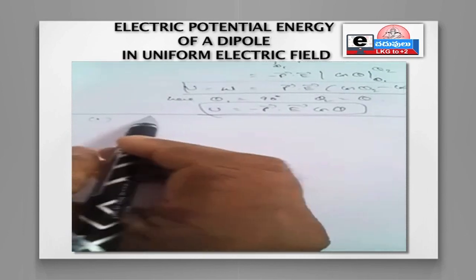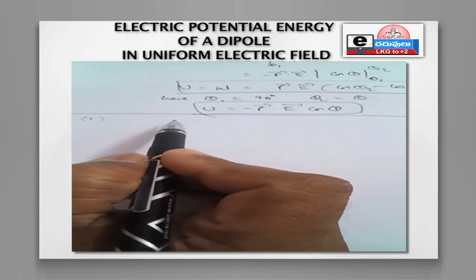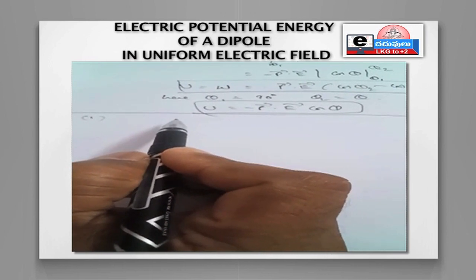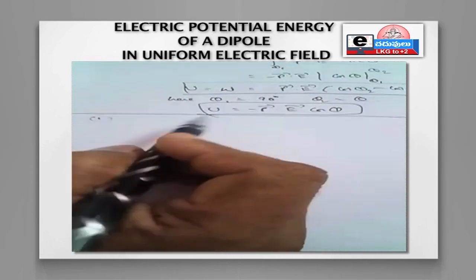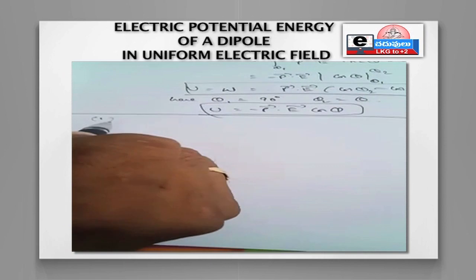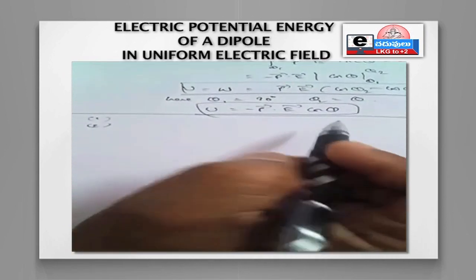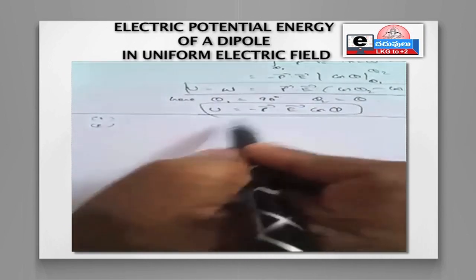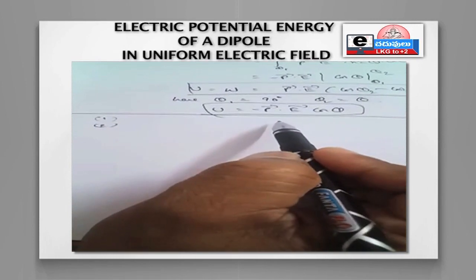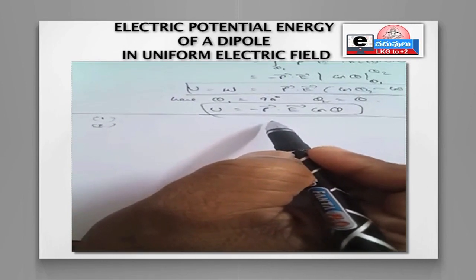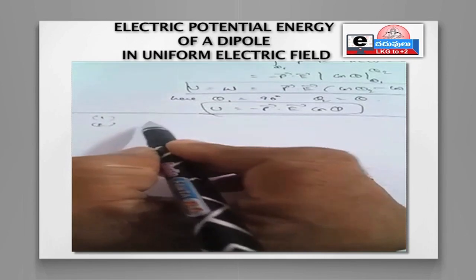Inside the conductor, the electric field is 0. That means there is no electric field inside the conductor. Already we have studied that; that is the first point. The second point is that charges reside only on the surface of the conductor. This point is already discussed, and we can know it from Faraday's butterfly net experiment.